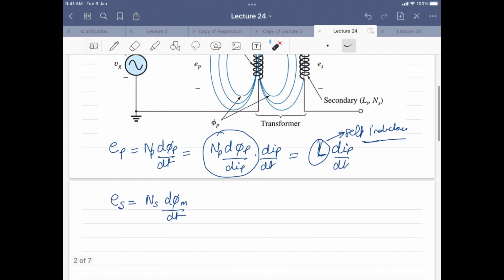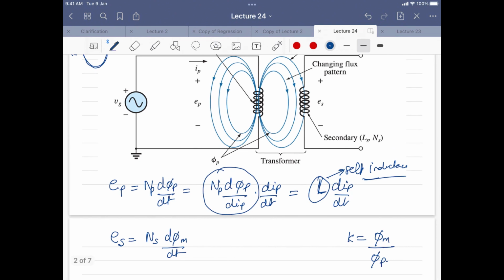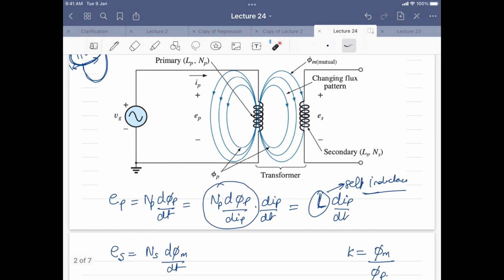So here the important thing is this K, called the coefficient of coupling, which is defined by phi m by phi p. That is how much mutual flux is actually contributing to the coil on the secondary side, out of the total flux which is phi p.